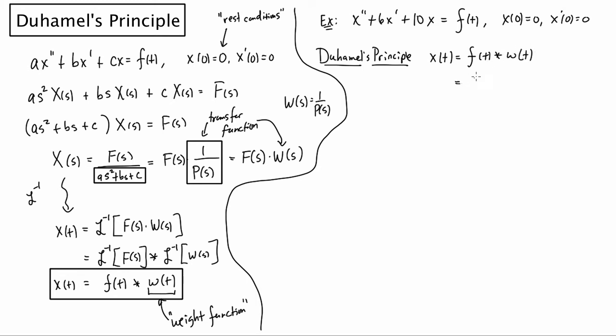And the weight function here is the inverse transform of 1 over the characteristic polynomial, which is s squared plus 6s plus 10. What we should recognize here is that this doesn't factor, but we can do completing the square.